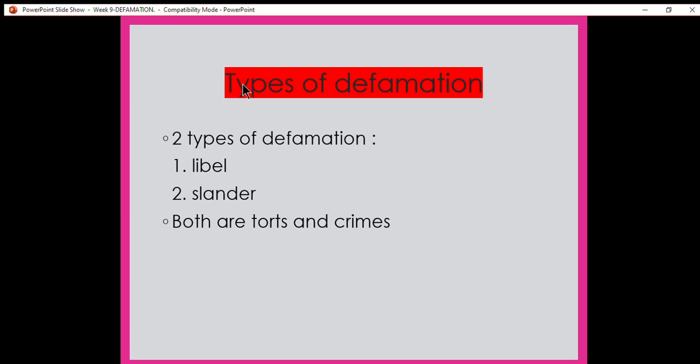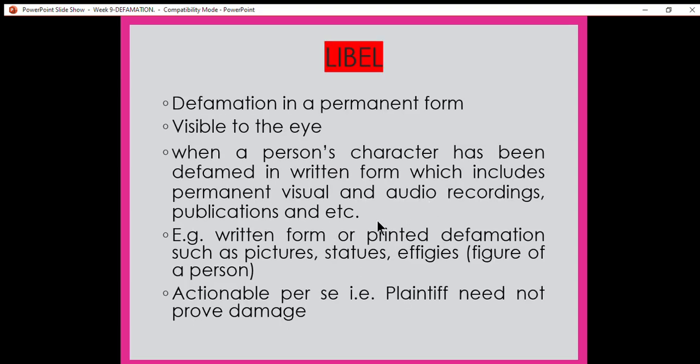Okay, we proceed with the explanations of the types of defamation. For libel and slander, both are torts and crimes. Alright, for libel. Libel means a defamation in a permanent form. In other words, it is a written or printed defamation, visible to the eye.